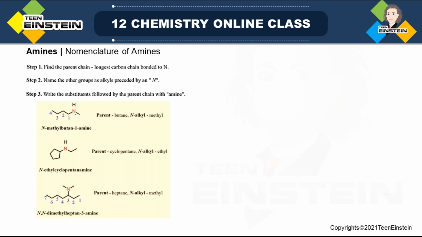Here we have this secondary amine where one NH bond, one methyl group and one 4 carbon chain. So first we'll find the parent chain which is longest. So in this case parent chain will be butane because this is longer than 1 carbon methyl, and the methyl group will be treated as substituent.